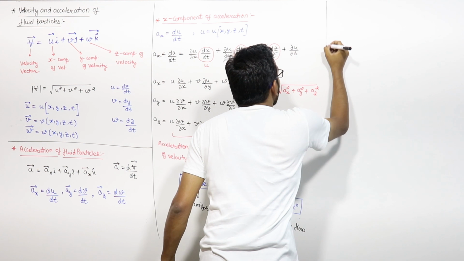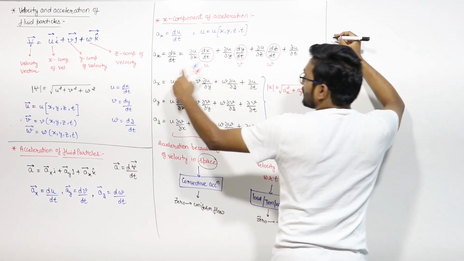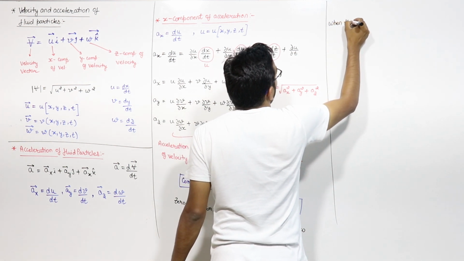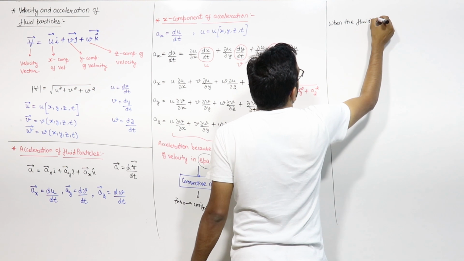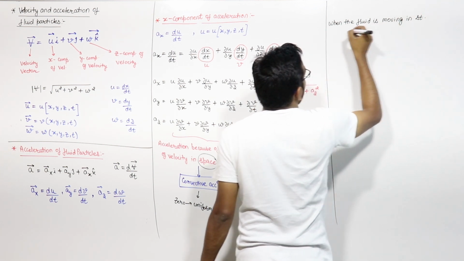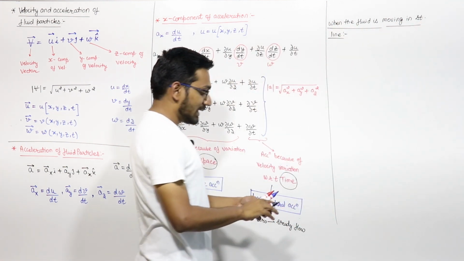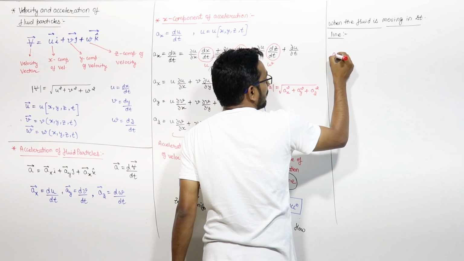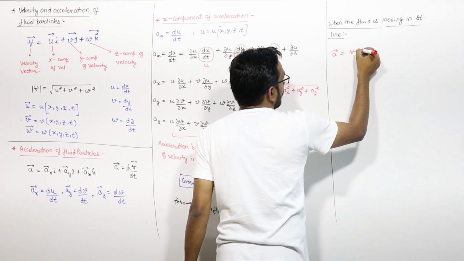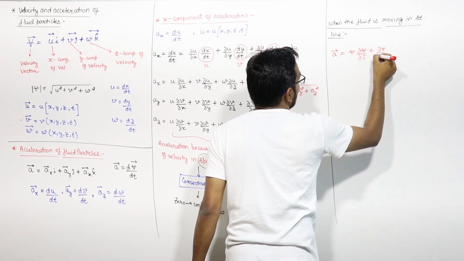So from here I can say that when the fluid is moving in a straight line, then you can write the generalized equation for acceleration as velocity into del v by del s plus del v by del t.